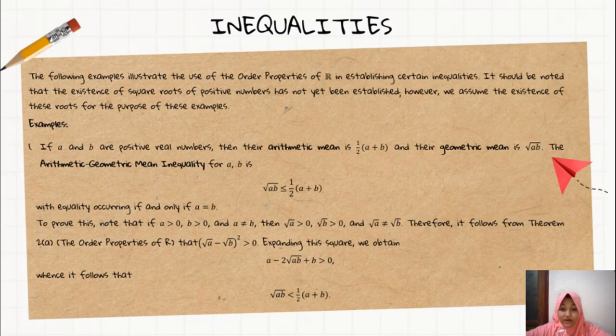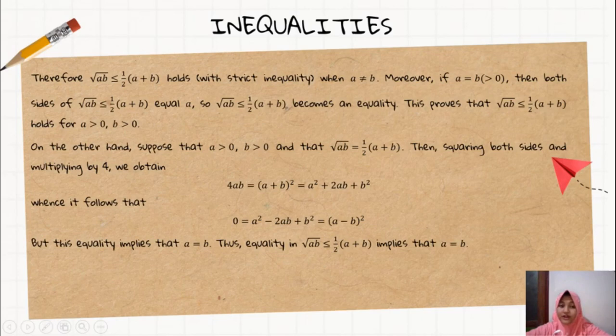Expanding this square, we obtain a minus 2 times the square root of ab plus b is greater than 0. Whence it follows that the square root of ab is less than 1/2 times (a plus b). The further explanation can be seen in this section.